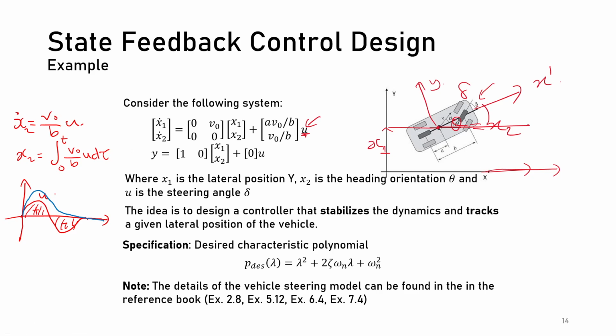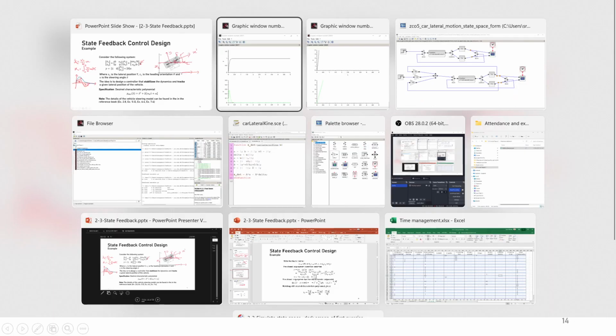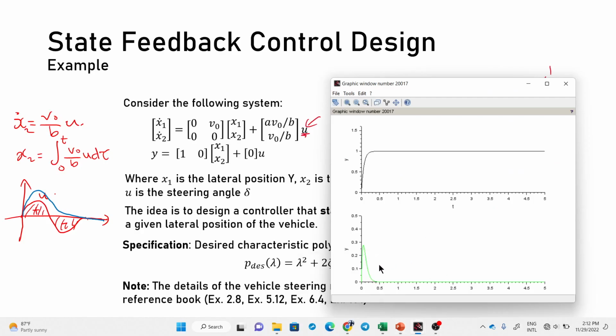Because if you want the car to move to the left, but then keep the direction straight along the road, you need to steer to the positive, and then steer back to the negative before you have the steering at 0 angle, right? Okay, this is how you interpret the result of the simulation here.